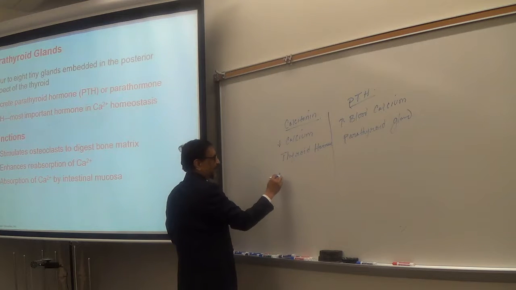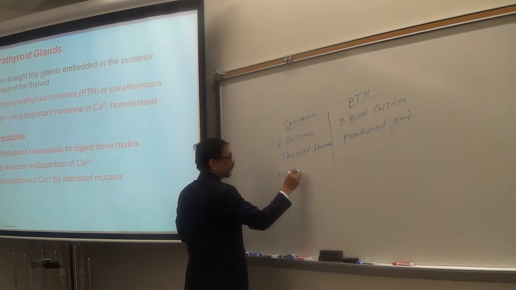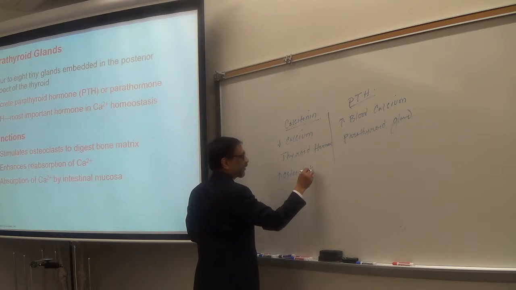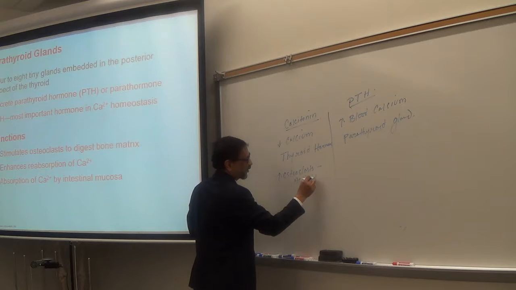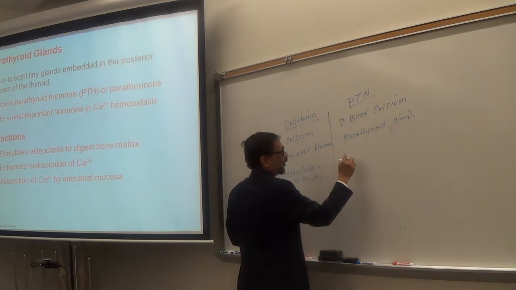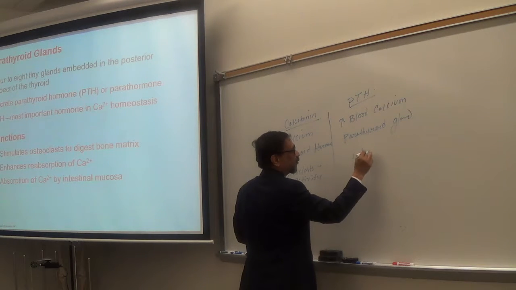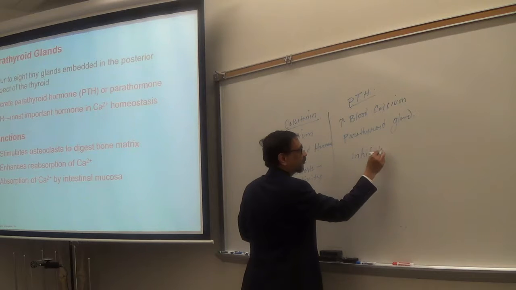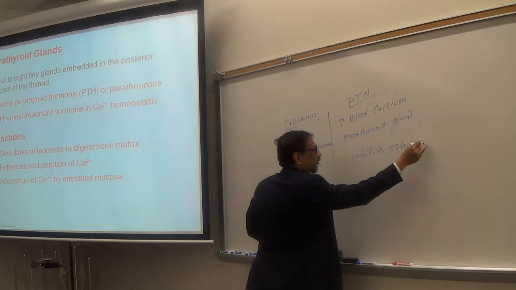Calcitonin increases osteoclast activity, right? Increases osteoblast activity. Parathyroid hormone inhibits osteoclasts.